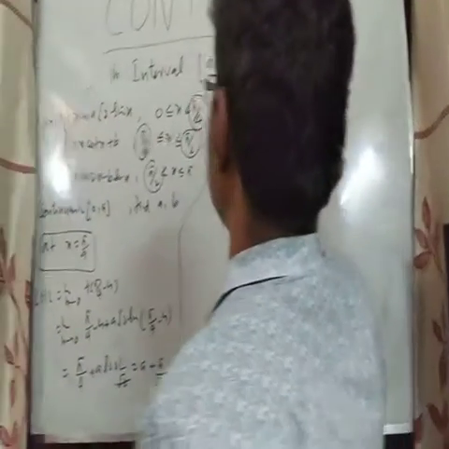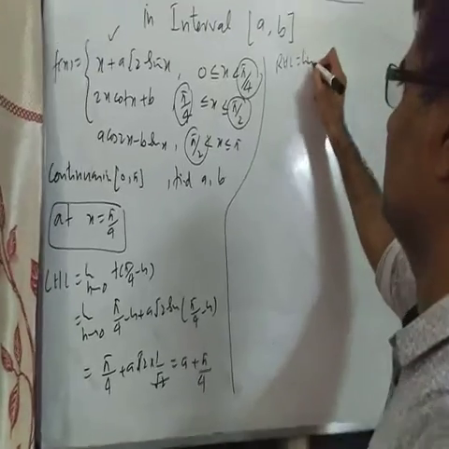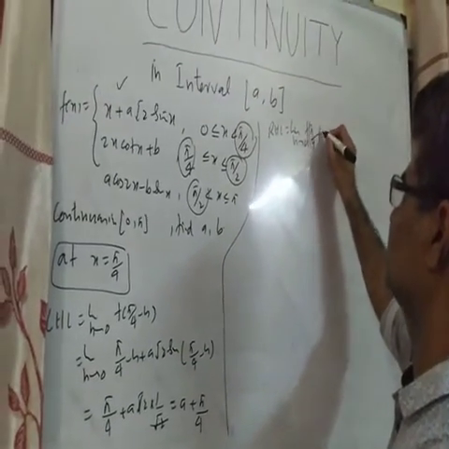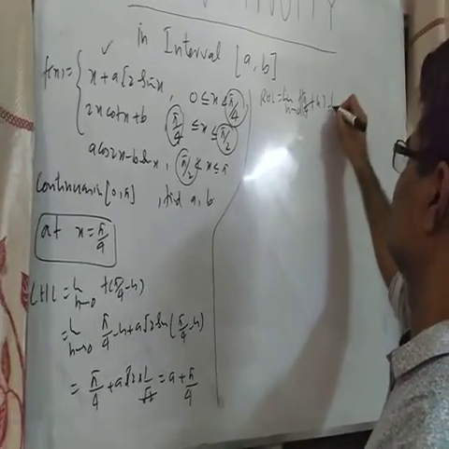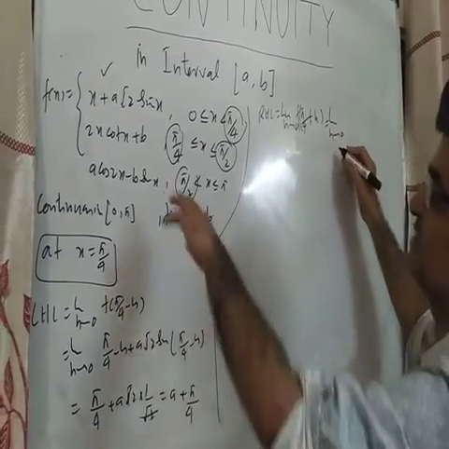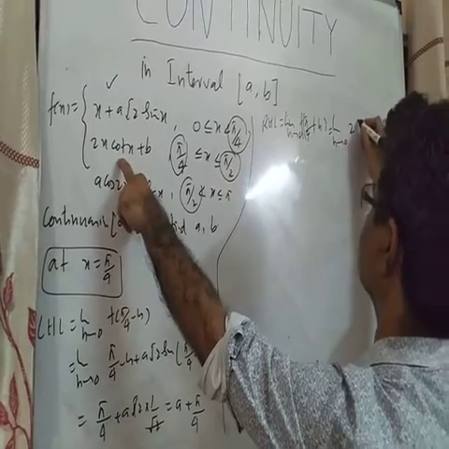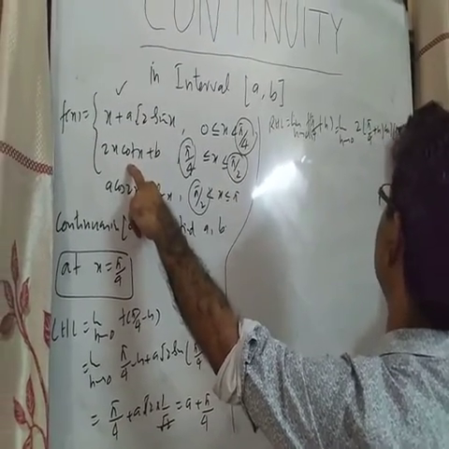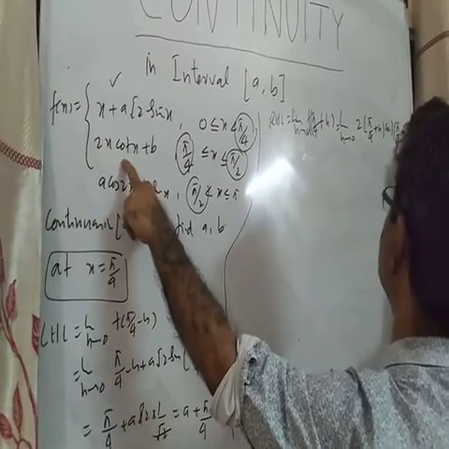Now we are moving to right hand limit, h tends to 0, f of pi by 4 plus h. So we put it here, twice of pi by 4 plus h cot pi by 4 plus h plus b.